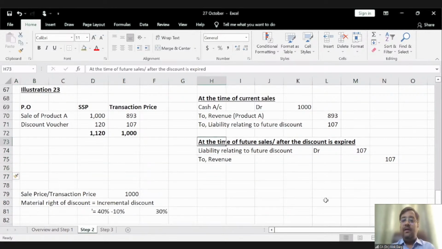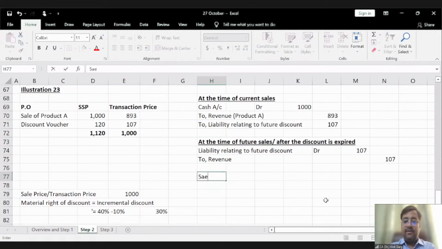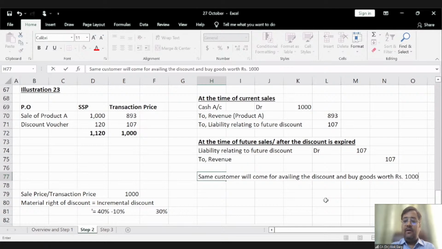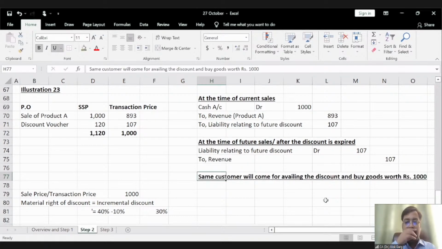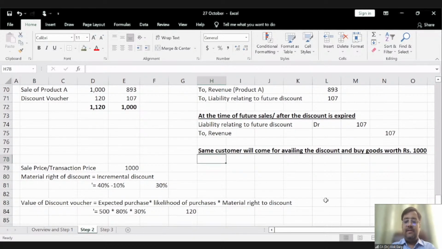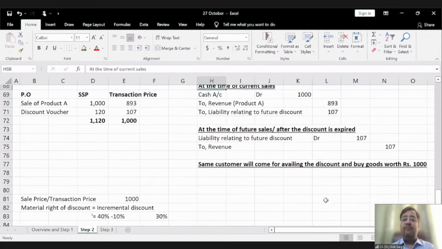So Ashwini, for example, the same customer will come for availing the discount and buy goods worth, let's say, 1000. Friends, in this case, we have already received 1000 rupees.